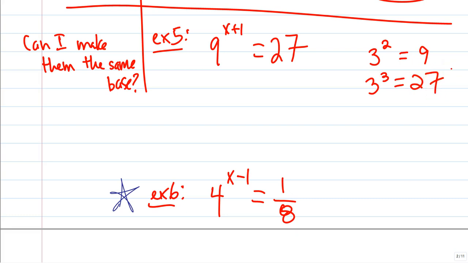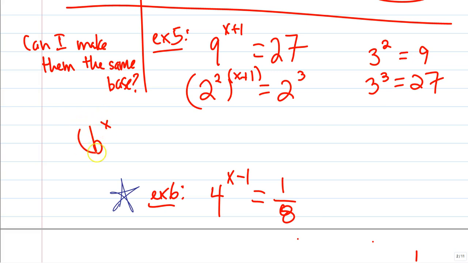So what I can do is rewrite each of these. The first one is now 3 squared raised to the x plus 1 is equal to 3 to the third. On the left side, you have to catch our exponent rules that we discussed in the last section. When I have a power to a power, this basically becomes 2x plus 2. The 2 distributes, they multiply together. Just like we had before, if I have b to the x to the y, that is equal to b to the x times y.